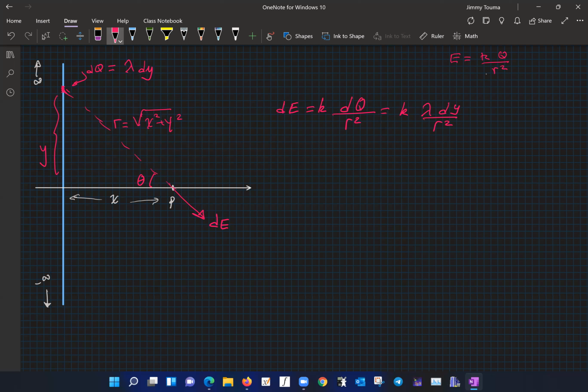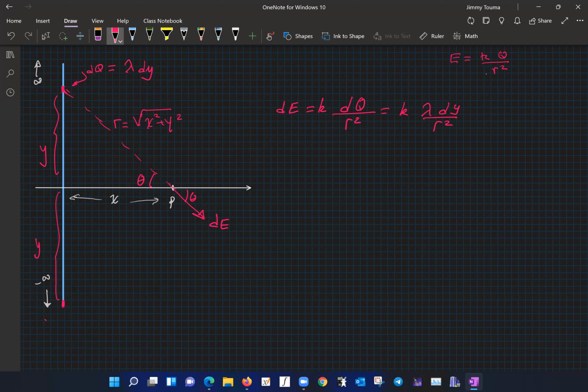Well, we have to do the same over here. We have to break this dE, see the vector makes an angle theta with the x-axis. We have to break it up into X and Y component. Now, if we just look at this for a couple of minutes and think about the problem, we see that there's symmetry in the problem. In other words, if I go distance y below the x-axis, I will find another element dq.